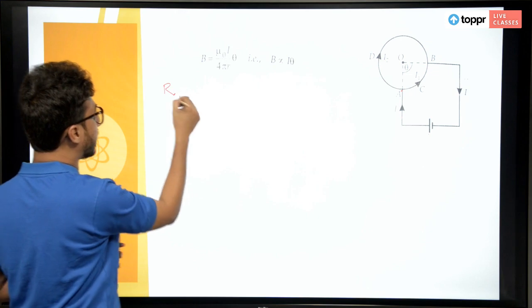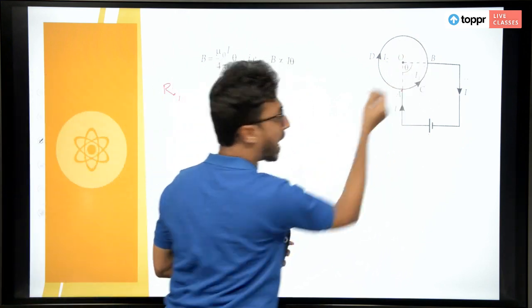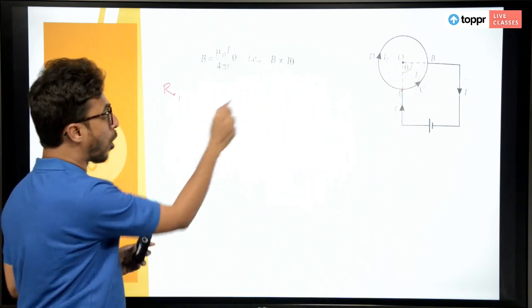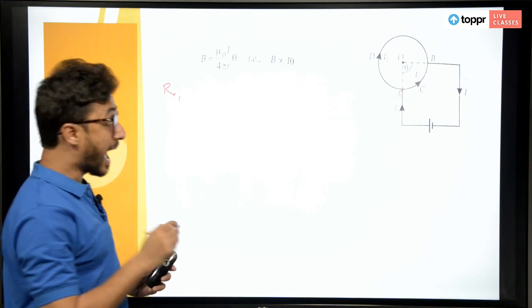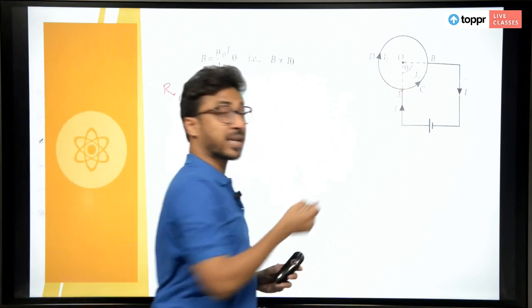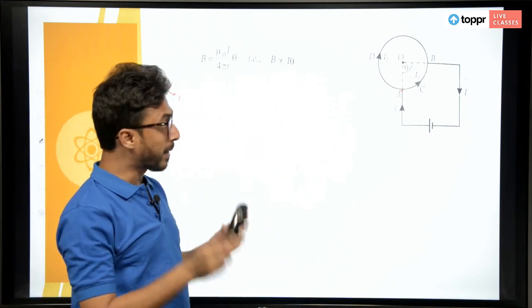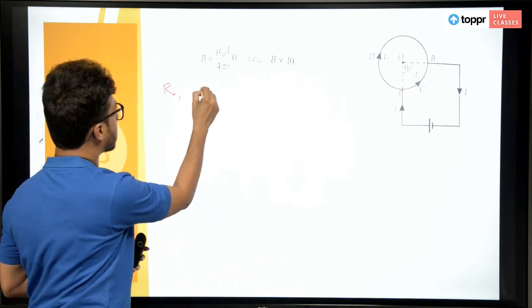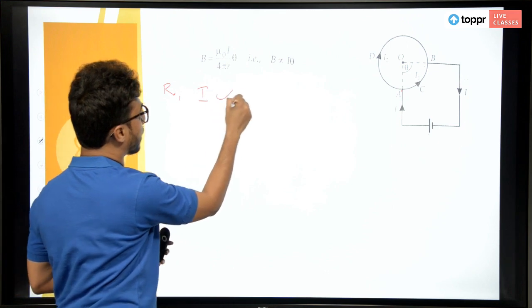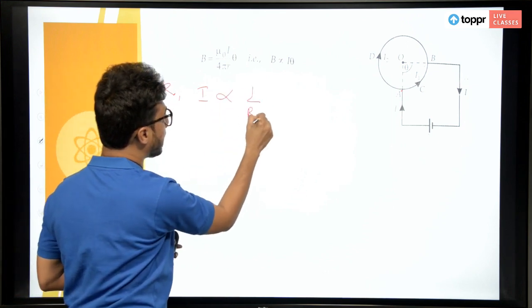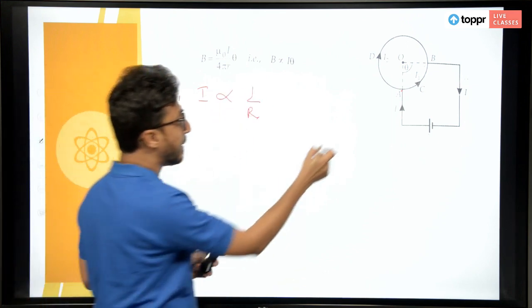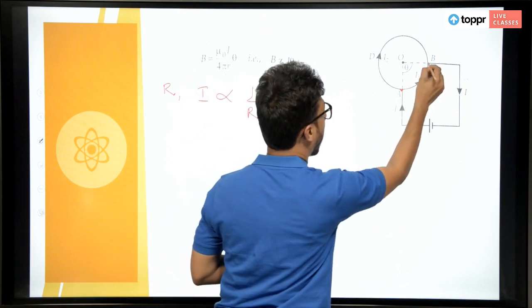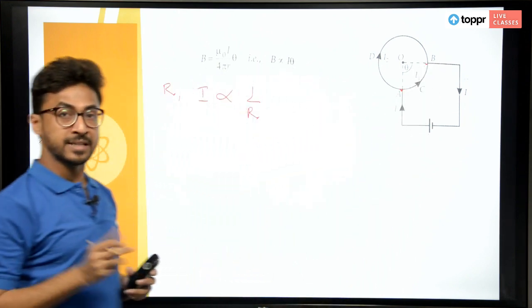So, definitely the resistance of a path will depend on the length. The current flowing will be inversely dependent on the resistance, as the potential difference across these 2 points is the same.